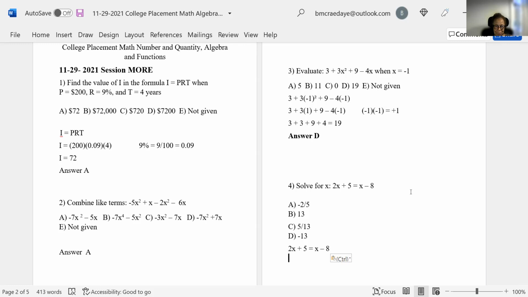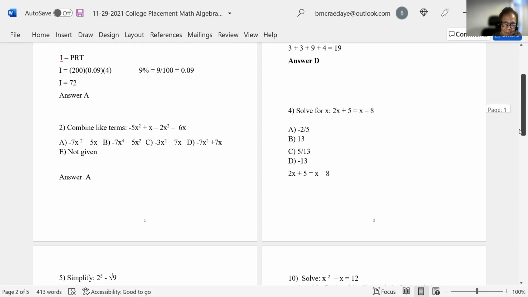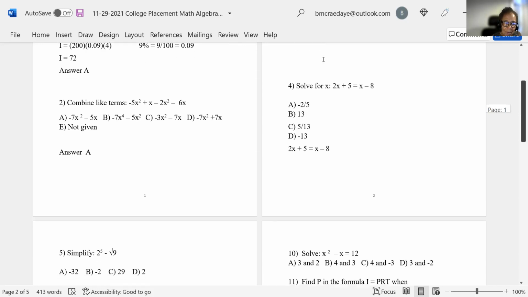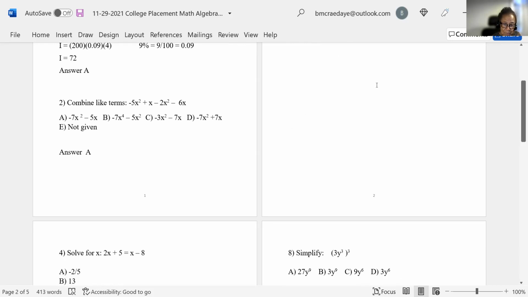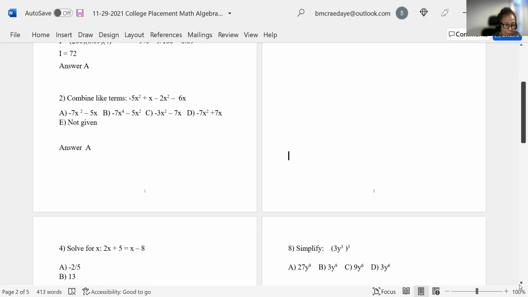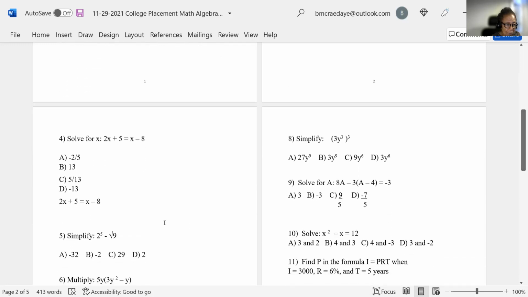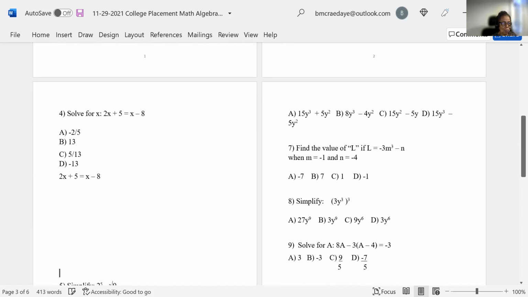What are you going to do first? 2x plus 5 equals 8. So how do you get the x's on one side?